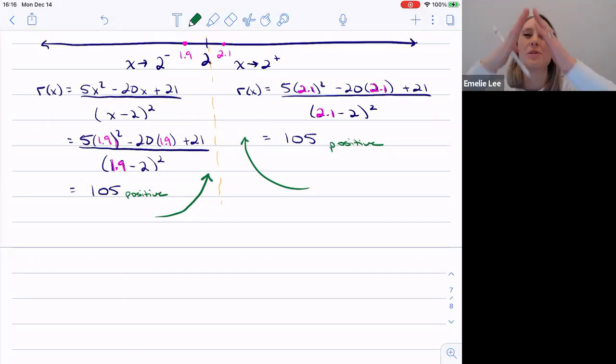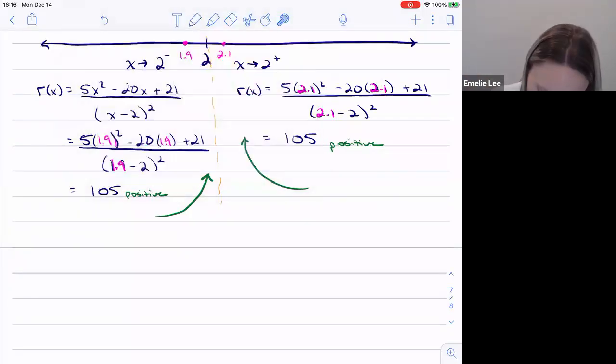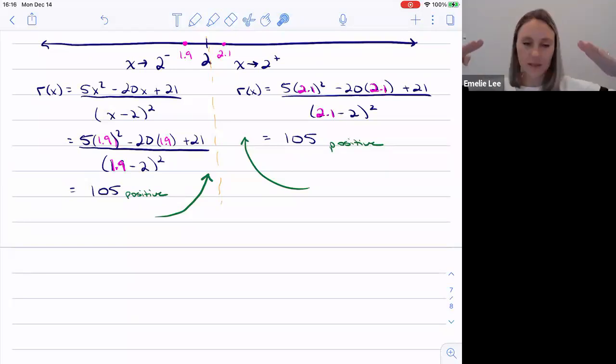If it's approaching the same point like this, and we moved an equal distance around 2, then, yeah. So don't be too thrown off by getting the same number. Kind of checks out. All right, so now we've decided at this vertical asymptote, we're going to go up to positive infinity as we approach 2 from both sides. Okay, so we're getting an idea of what this thing looks like.